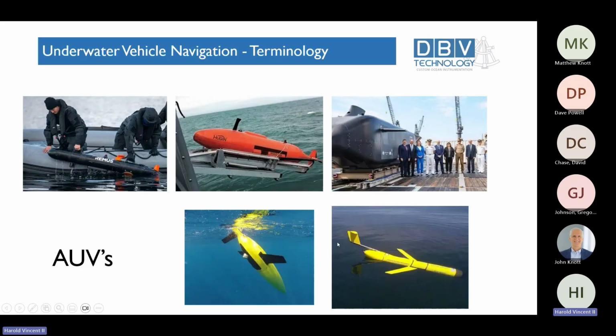And then at the bottom of the screen are two unique types of autonomous underwater vehicles. These are called gliders. The one on the bottom left is a Sea Glider AUV, and the one on the bottom right is the Slocum glider AUV. What's different with these two as opposed to the three on the top is these gliders do not have a propeller.